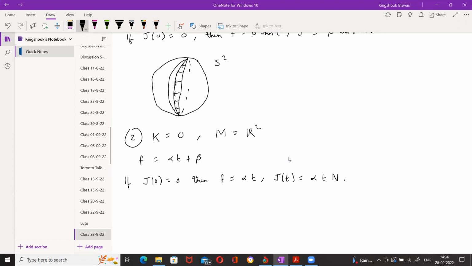Here the picture is you start with one geodesic, just a straight line in R2, say passing through the origin. Then I rotate this, and differentiate with respect to the parameter. Oh, this is a bad picture. Sorry, let me make this better.